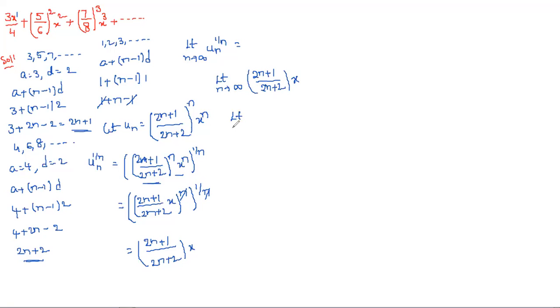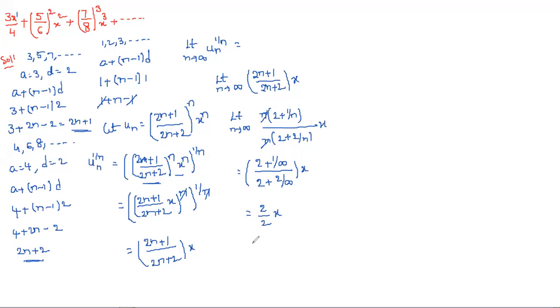Here we should not directly substitute infinity in place of n, because we will not get a proper value. So take n as common: (2 + 1/n)/(2 + 2/n) into x, and the n's cancel. Substituting n as infinity, we get (2 + 1/infinity)/(2 + 2/infinity) into x. Anything divided by infinity is 0, so we get 2/2 into x. 2/2 is 1, so we got x.